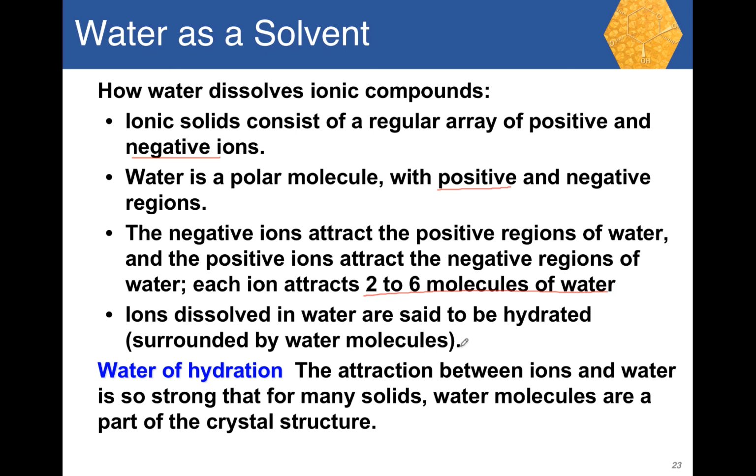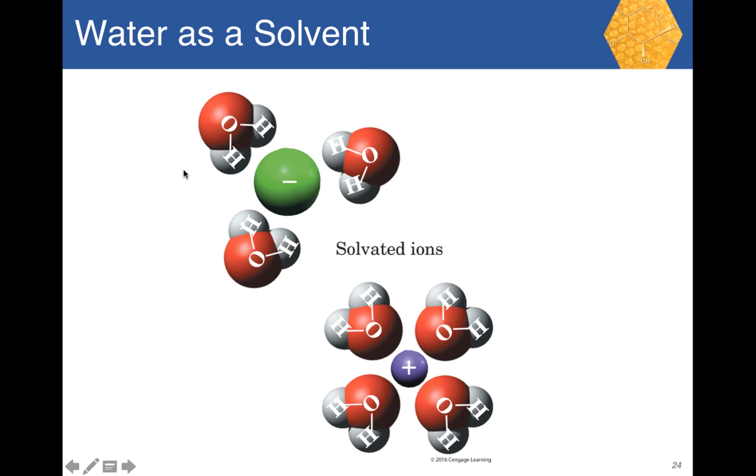We call that the water of hydration. So the (aq) that you see in these equations or reactions is really the water of hydration that surrounds these cations and anions.